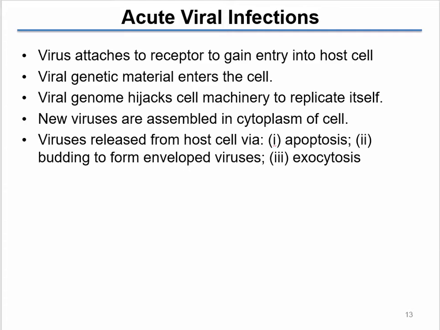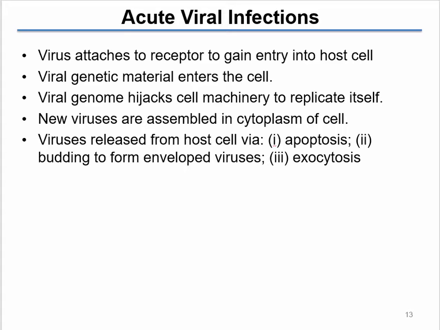Or the third way that they get out is through exocytosis, where they really hijack the cell, and the cell just undergoes normal exocytosis, and in those vesicles, the virus is being released.